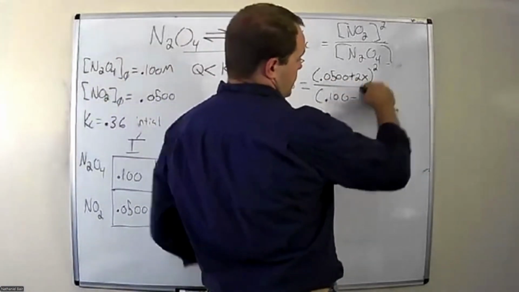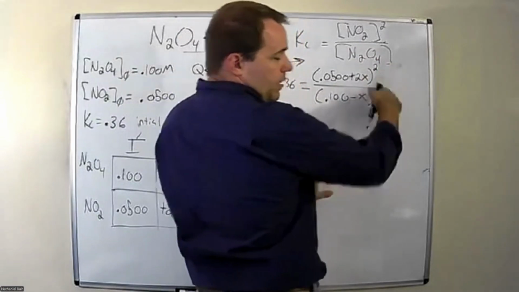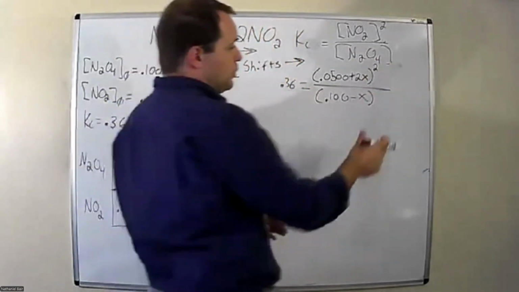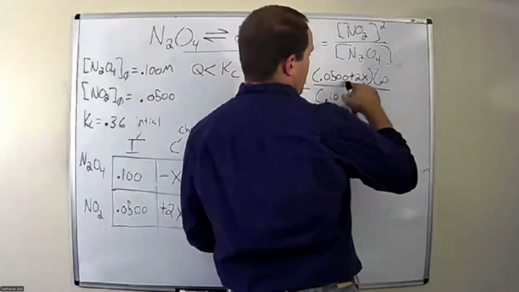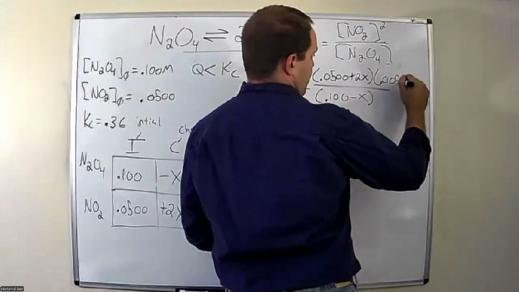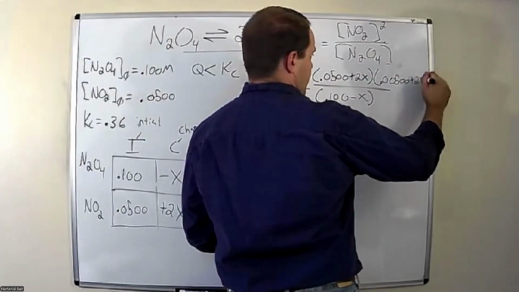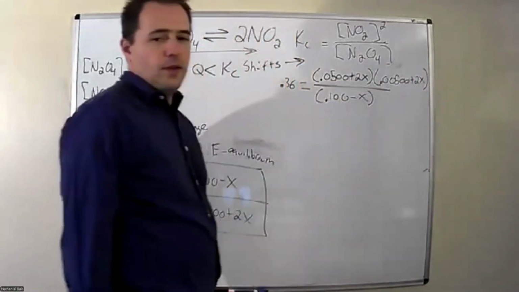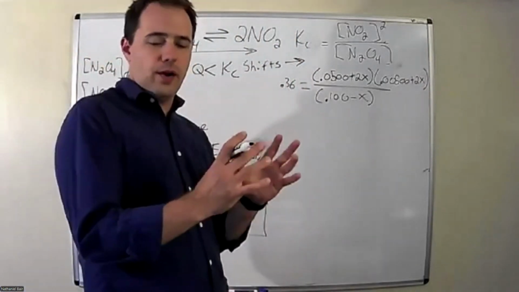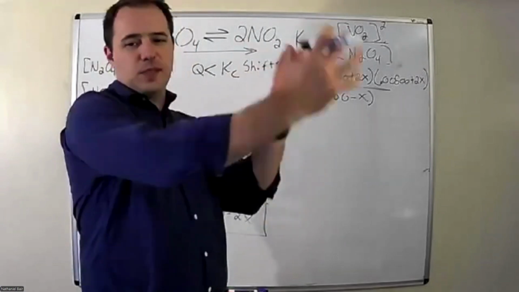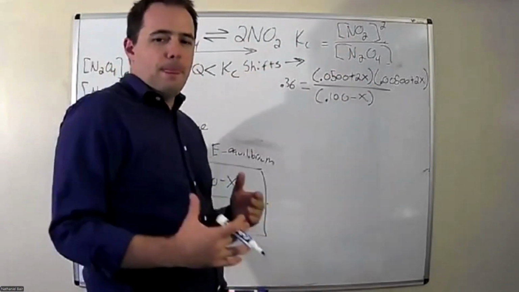0.0500 plus 2x quantity squared. How do you get that? Well, that's actually 0.0500 plus 2x times 0.0500 plus 2x. Right? I mean, let's go back to algebra 2. When you have some quantity squared, it's actually like it times itself, right?